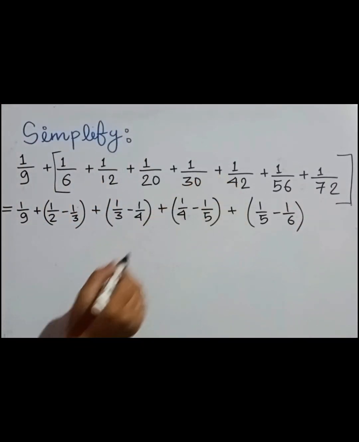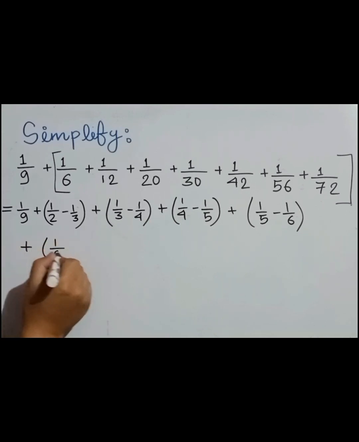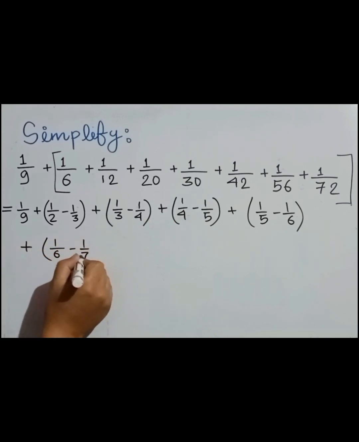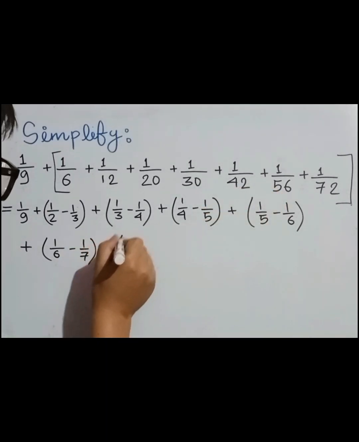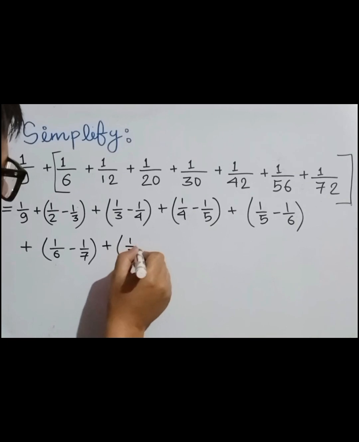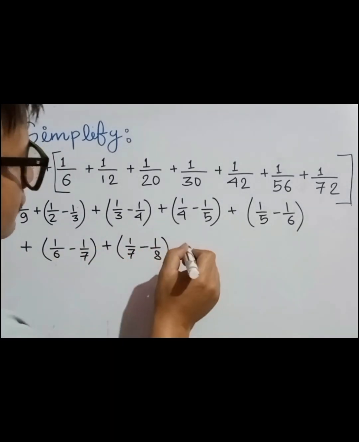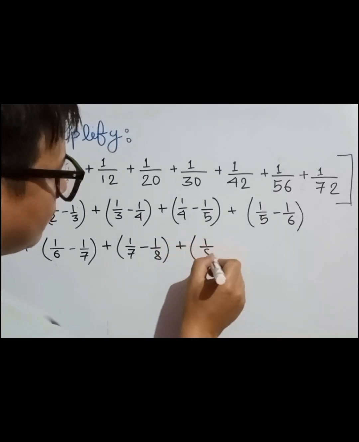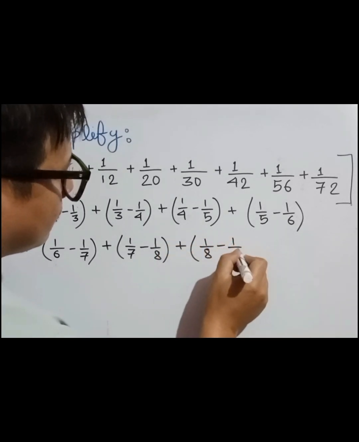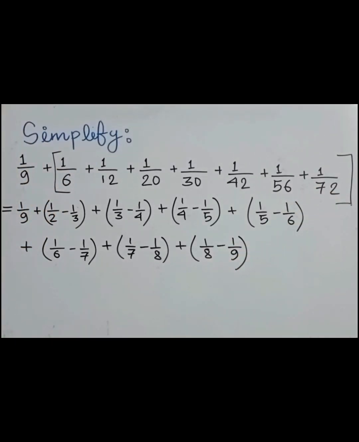Plus for 1 upon 42 we can write 1 upon 6 minus 1 upon 7. Plus for 1 upon 56 we can write 1 upon 7 minus 1 upon 8. Plus for the last term 1 upon 72 we can write 1 upon 8 minus 1 upon 9.